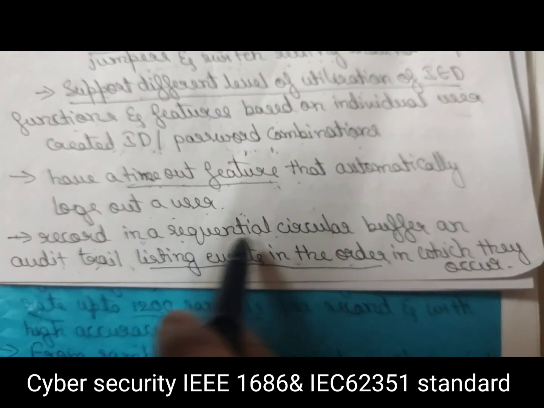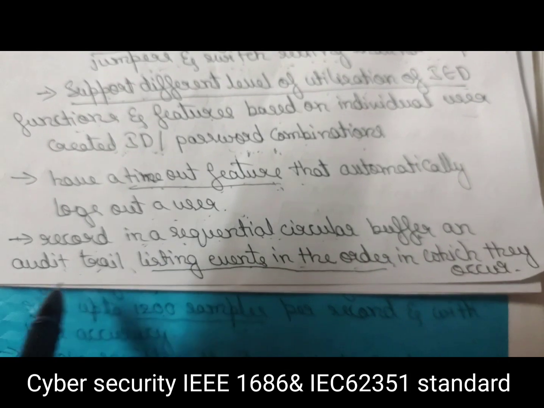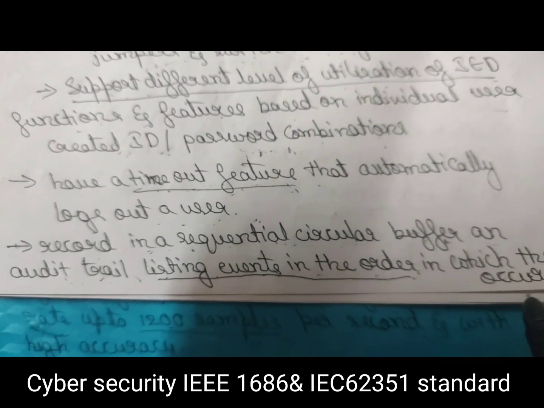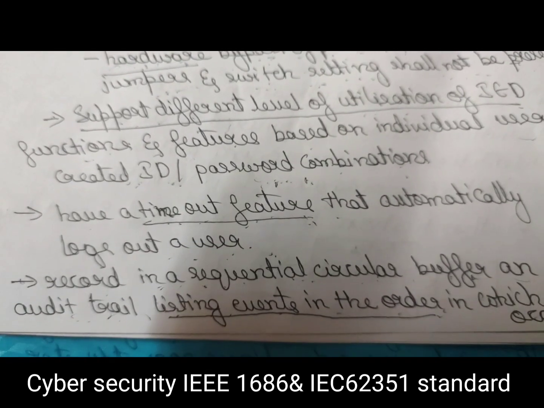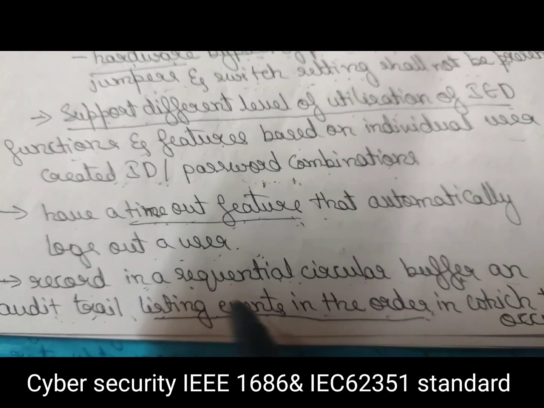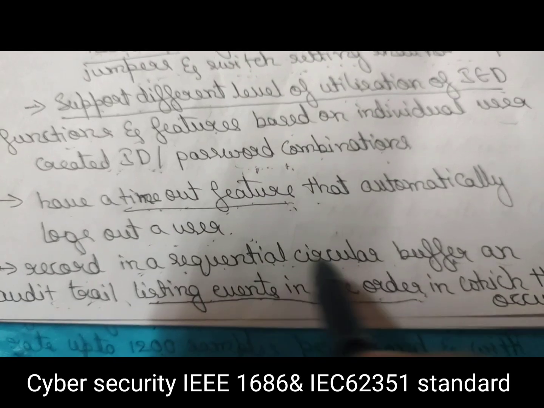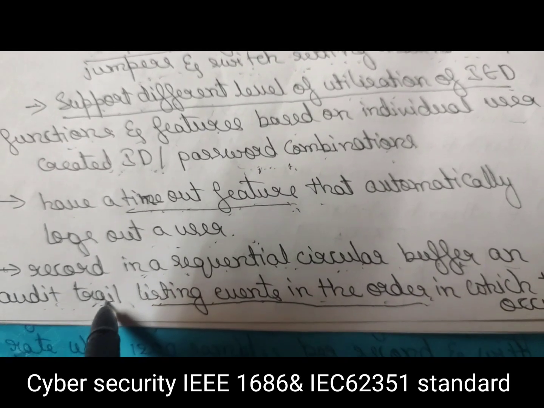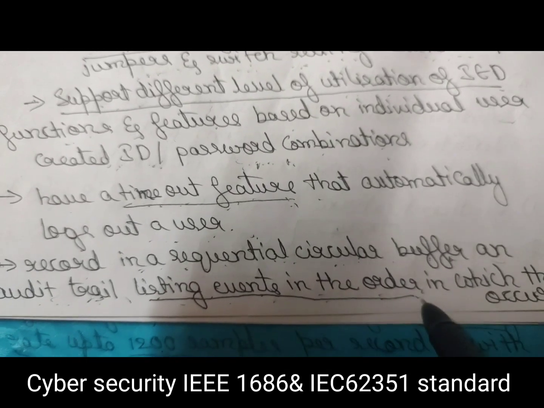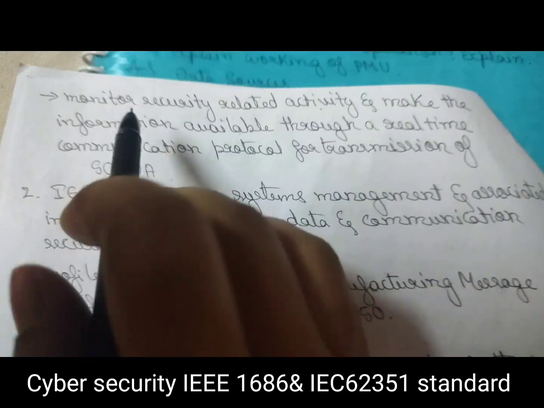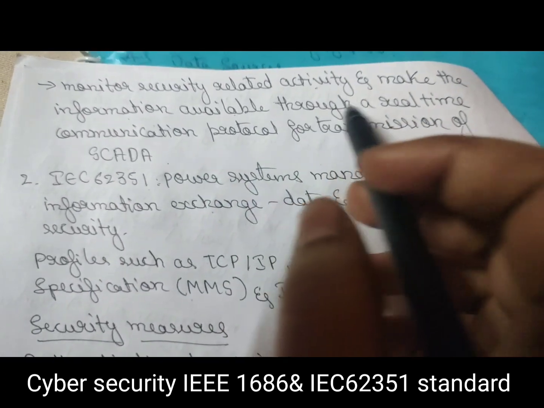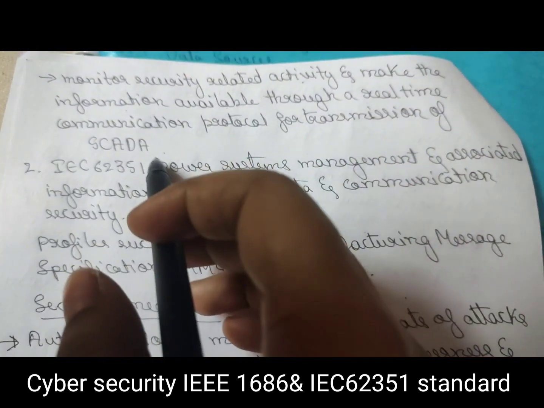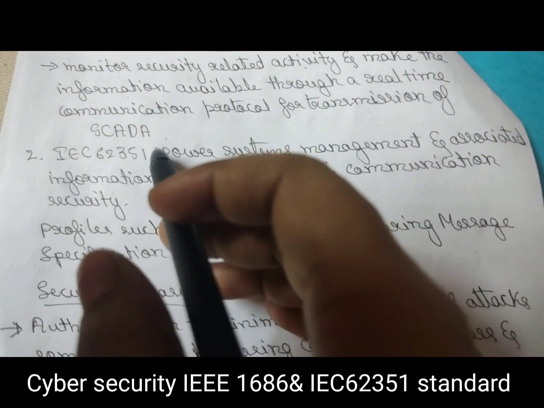Record events in a sequential circular buffer and audit trail, listing events in the order in which they occur. For example, any fault that occurs should be recorded that way. Monitor security-related activity and make the information available through a real-time communication protocol for transmission to SCADA.